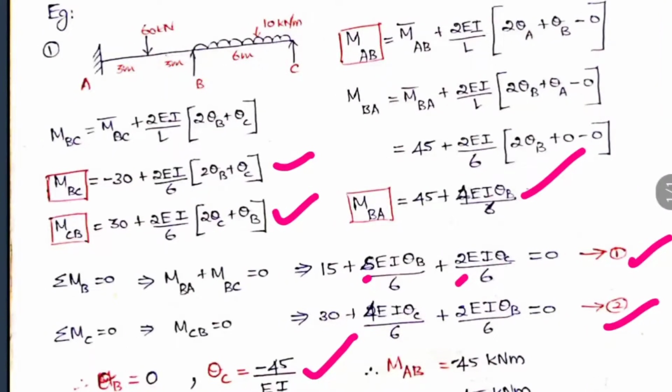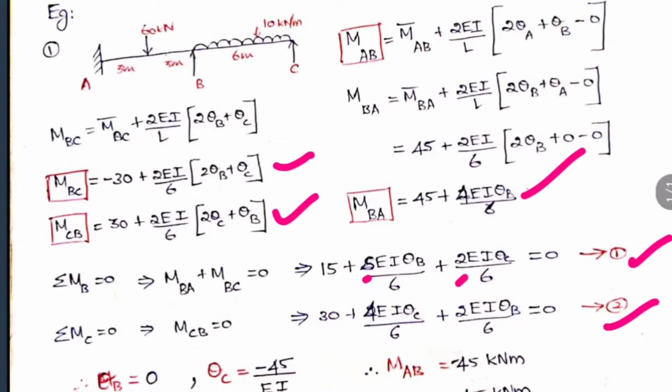Okay, so now you have got the values of all the unknowns, theta B and also theta C. We already know that theta A is equal to 0 because it is a fixed support. By applying all these values, you can directly find the answers for MAB, MBA, MBC and MCB also.